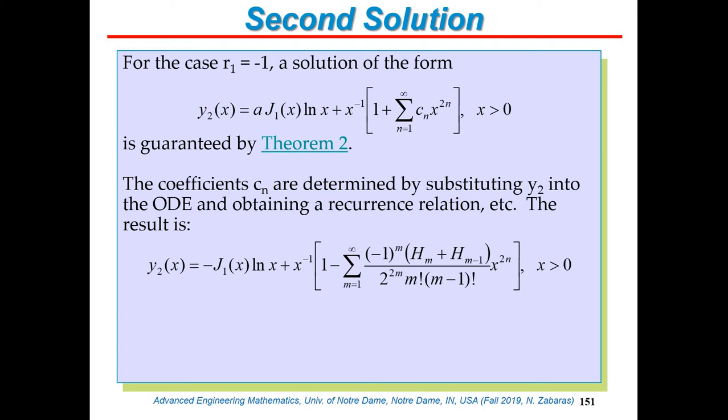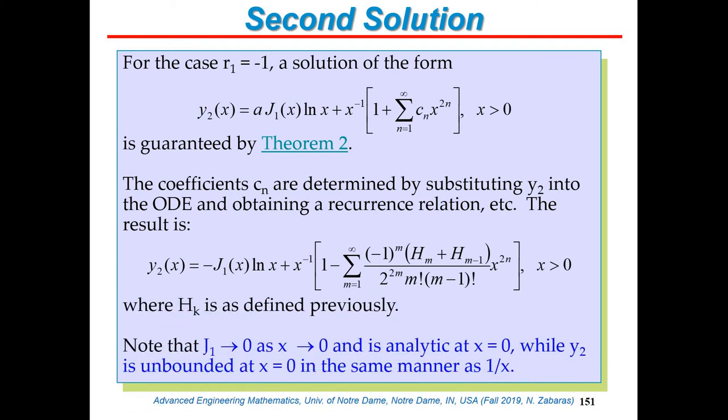And you remember we had defined in an earlier slide what these coefficients H_m are all about. In this particular case, J1 goes to 0 as x goes to 0, and it's analytic, as we have seen before.